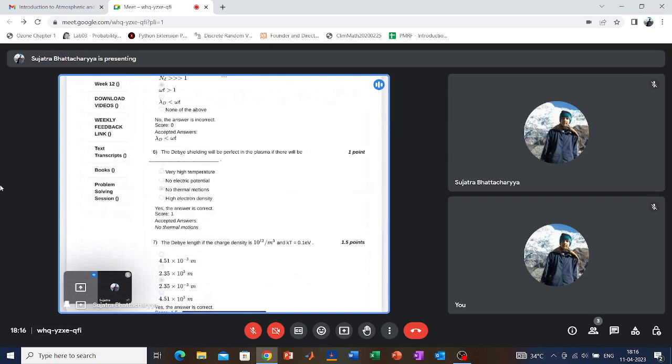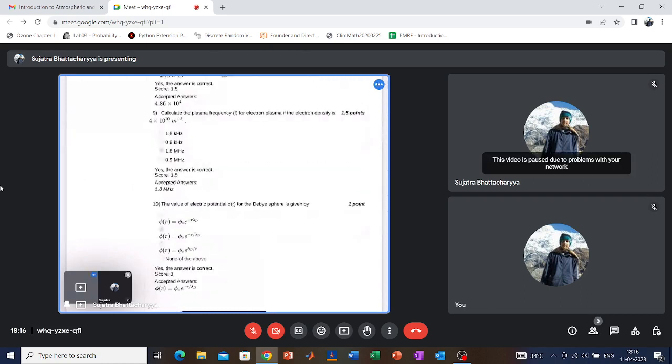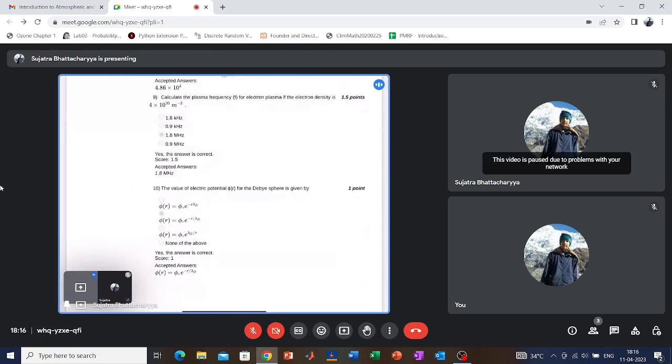No thermal motions is a perfect thing for Debye shielding process in plasma. And all others are the numerical questions except for the last one. So the last one I will take, and other numerical questions I have already given. So we will solve all those questions.